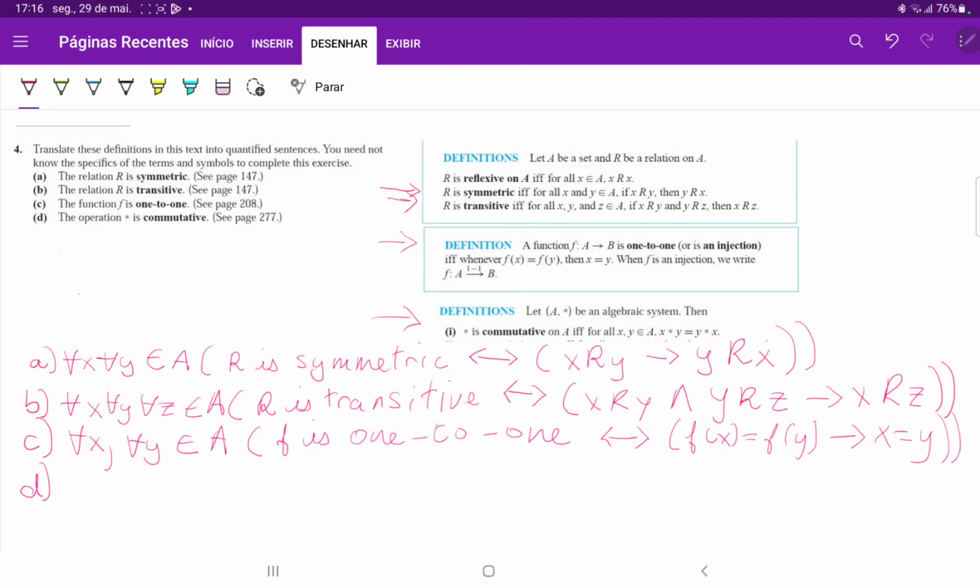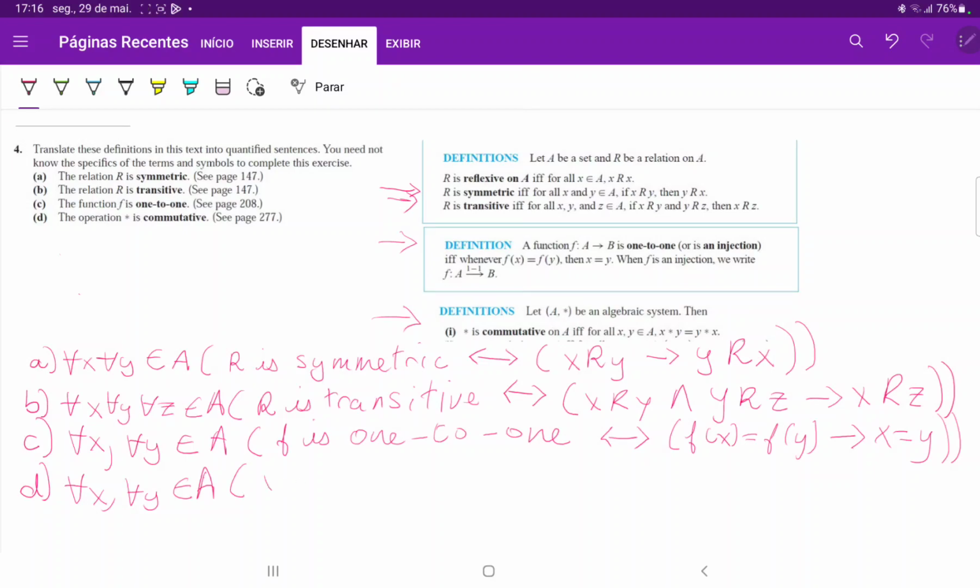So we have for all x, y belonging to A, right? So we begin with our quantifiers. We're saying for all x and for all y belonging to A. Now, whenever we have a definition, we're usually going to do the biconditional, and it tells us, right?